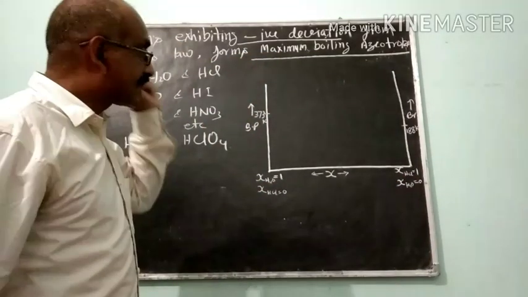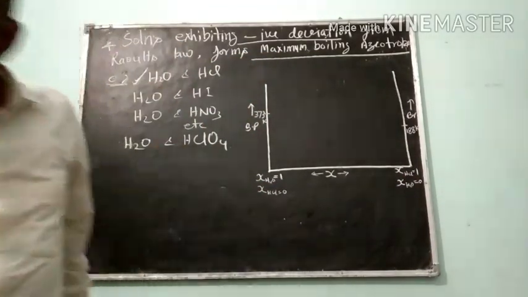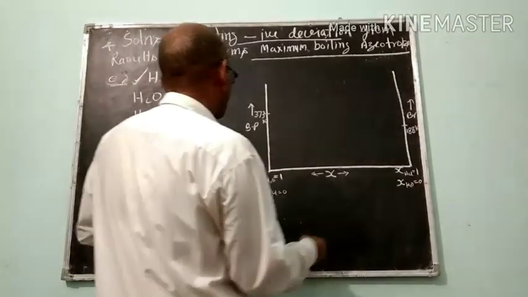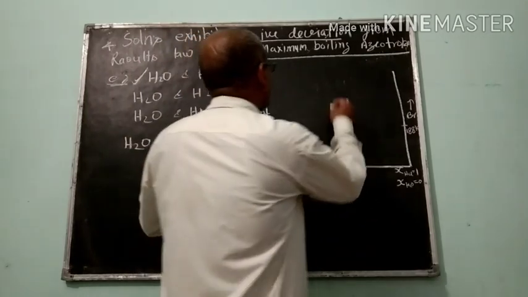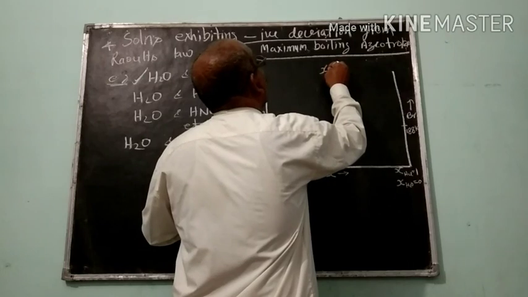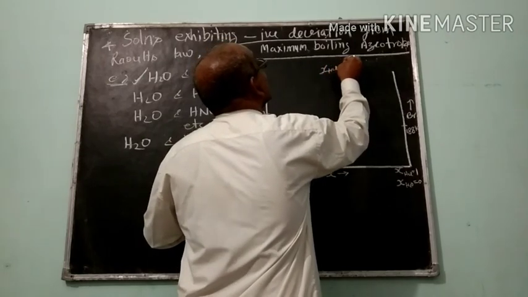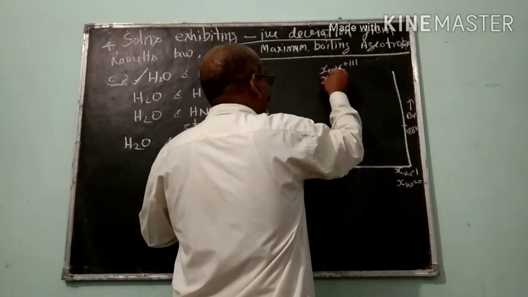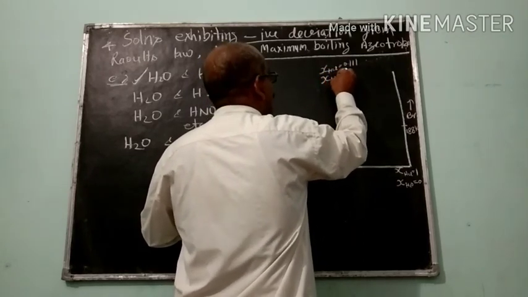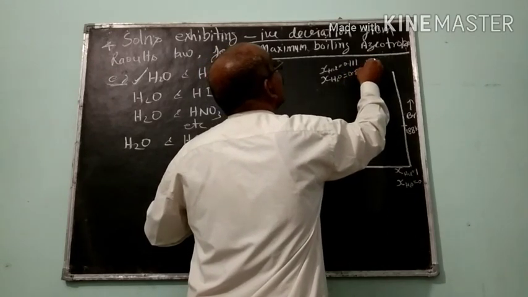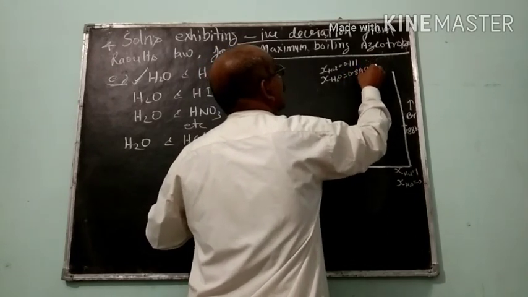Now, एक certain composition which contains mole fraction of HCl 0.111 or mole fraction of H2O 0.89889.